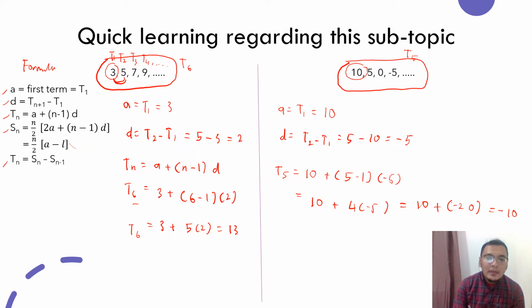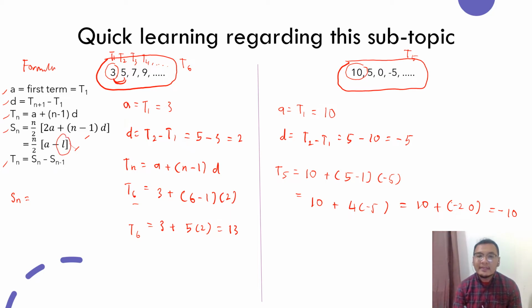So for the fourth formula, which is Sn, basically we have two formulas that we can use. The first one is n over 2 bracket 2a plus n minus 1 d, and the second one is n over 2 bracket a plus l. What is the meaning of l?